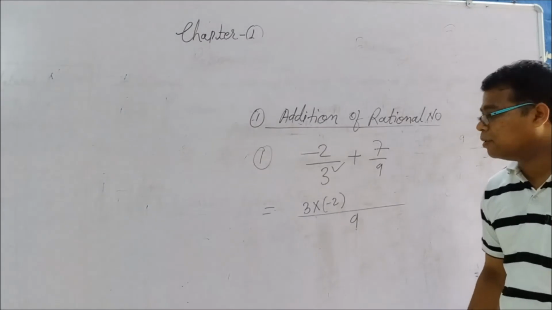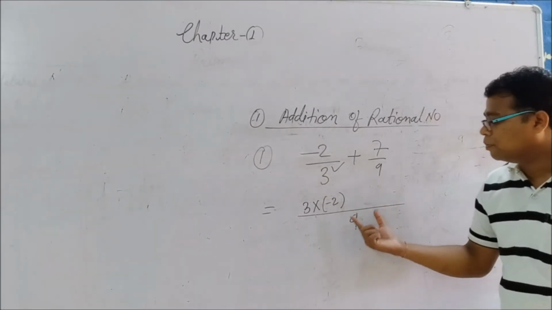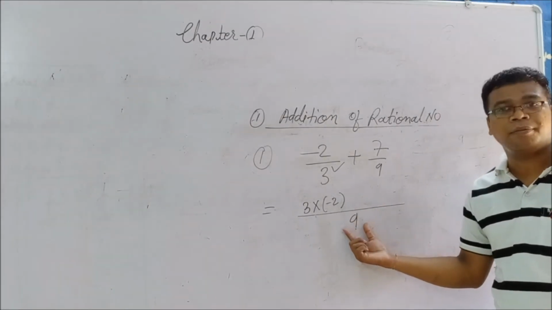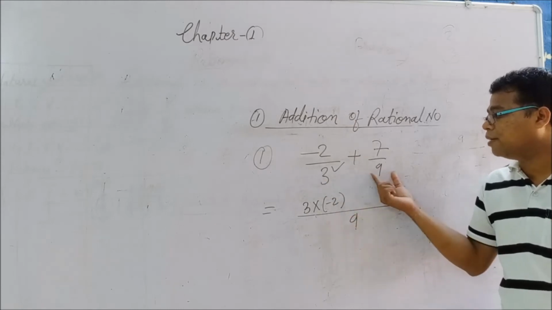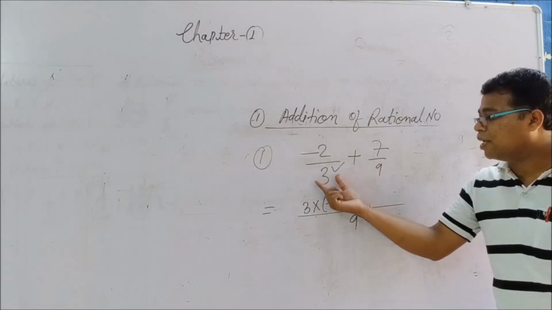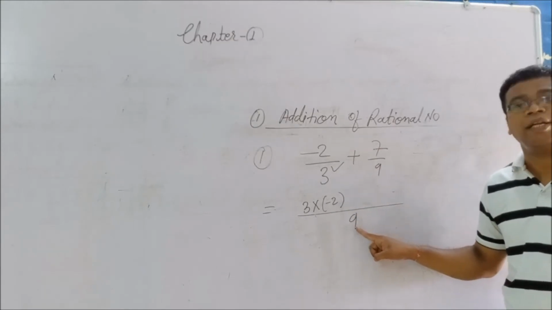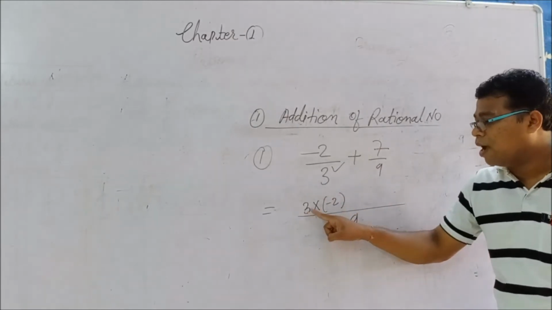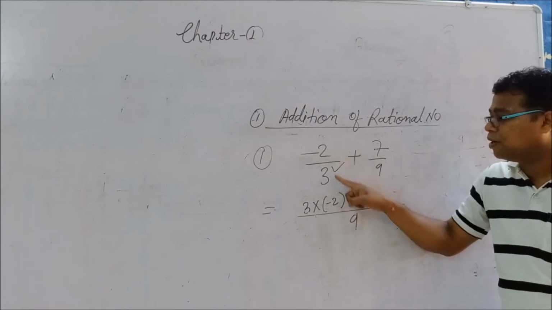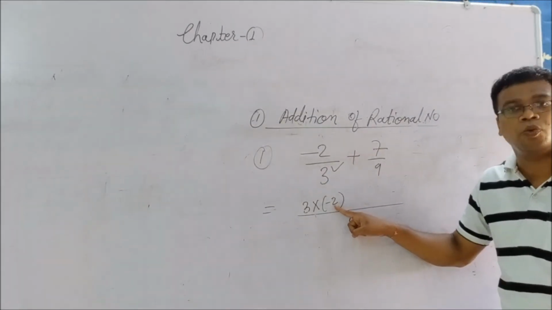Again I am repeating. The common denominator is 9 because it is the LCM of 3 and 9. And after that, in the table of the first denominator 3, how many times does 9 come? 3 times. So that 3 I have to multiply with the numerator minus 2.